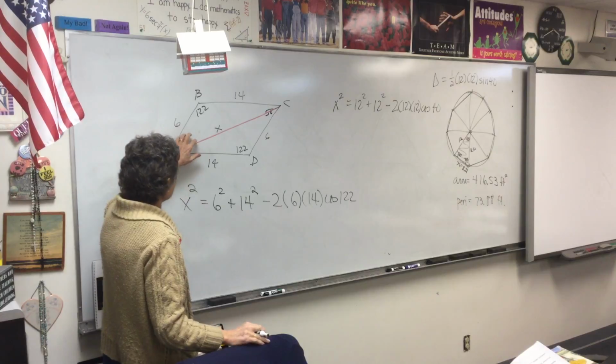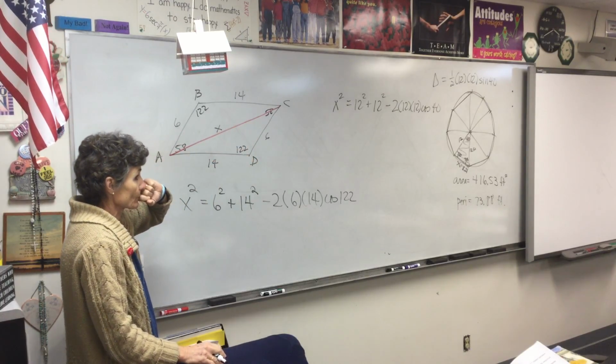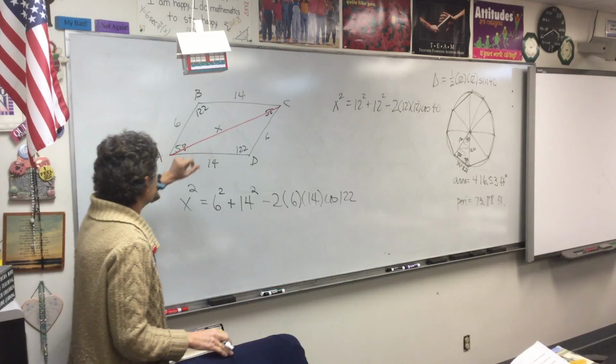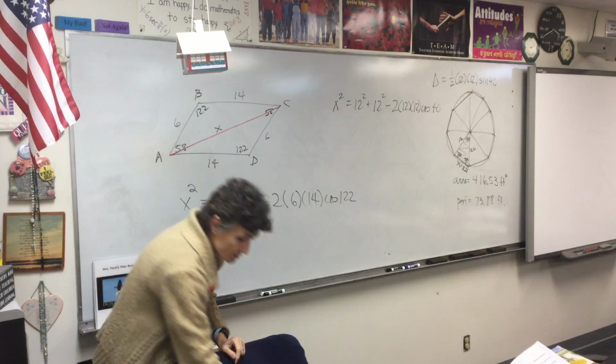Remember, you know nothing about any of the other angles in the problem, so you do not have a pair of information, so you've got to use your law of cosines.